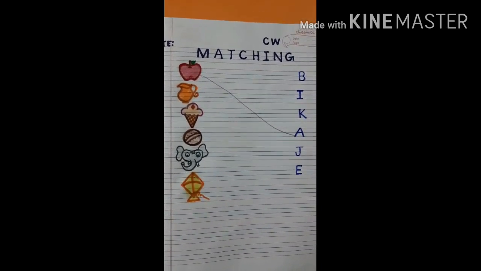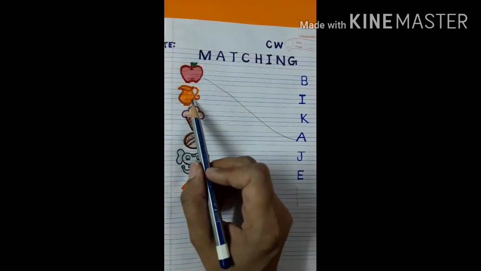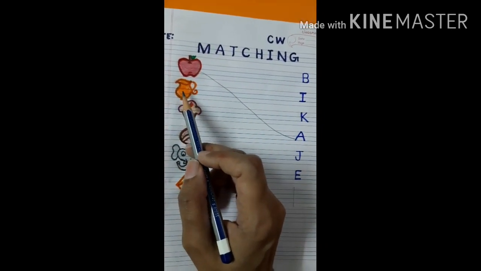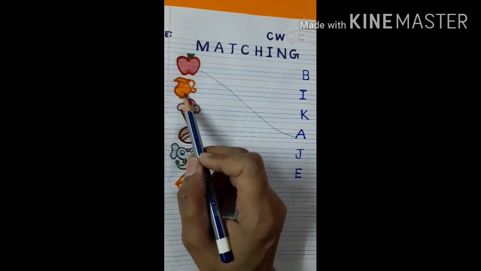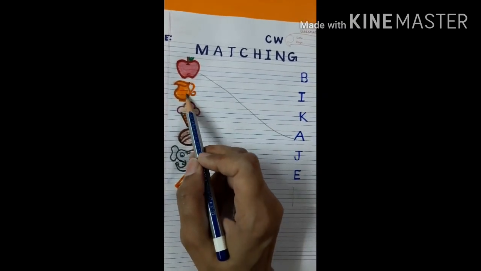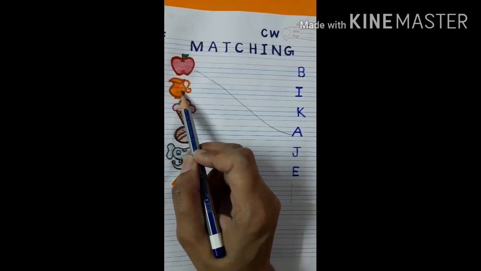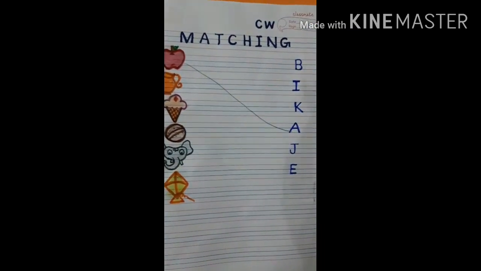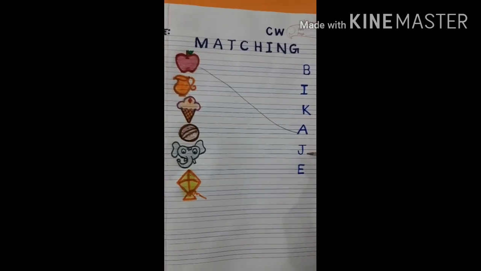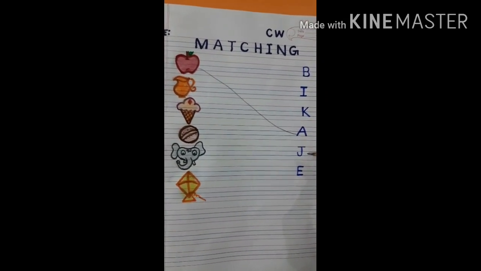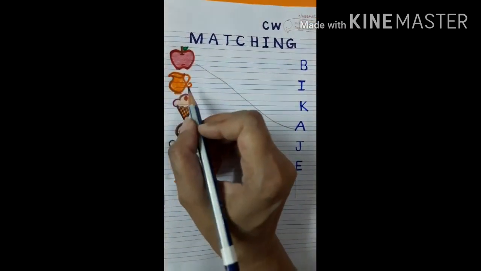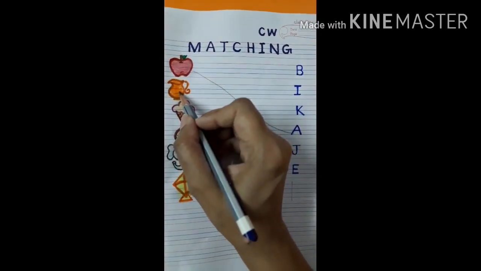Now come to second picture. This is the picture of jug. And jug belongs to letter J. So keep your pencil on jug.